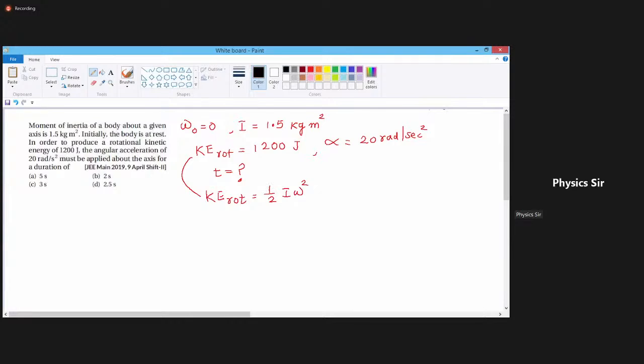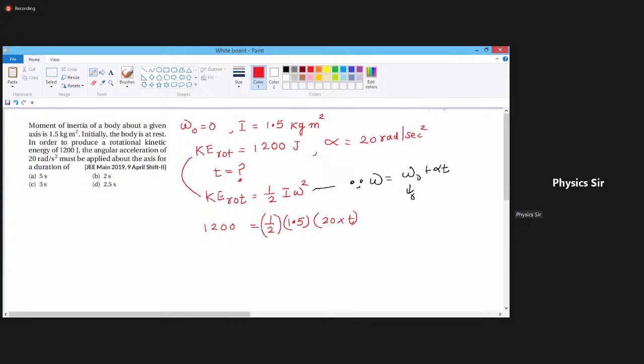And what is omega? Omega is omega naught plus alpha t. This omega naught is 0. So the rotational kinetic energy is 1200, 1 by 2, I is 1.5, and omega square is alpha t whole square. Alpha is given as 20 and t is t.